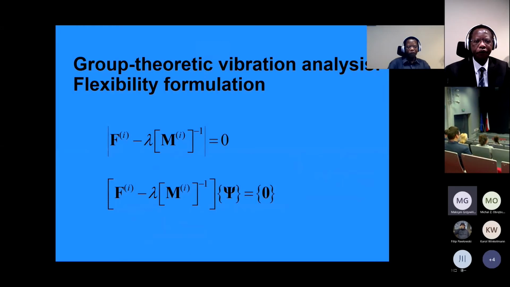The symmetry adapted mass matrix Mi, which is an Ri by Ri diagonal matrix, comprises the values of the mass at each representative node of the Ri basis vectors. The vanishing of the determinant in the first equation yields the Ri eigenvalues of the subspace in question.